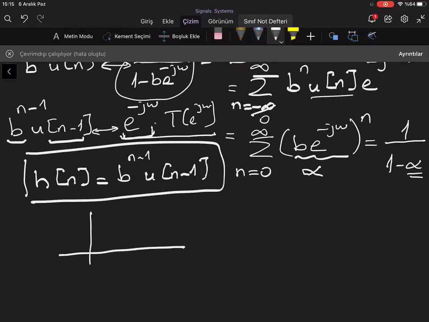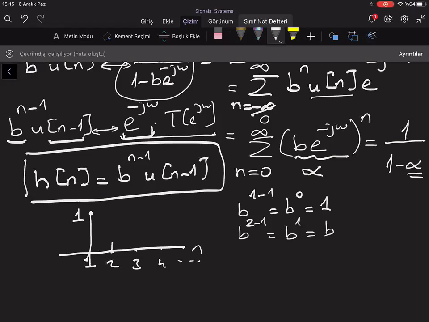Let me plot it starting from 1, then 2, 3, 4, and so on. This is my n. For 1, it is b to the power 0, which is 1. For 2, b^{2-1} is equal to b^1, which is b, and then b squared, b cubed, and so on. b should be, actually, less than 1 here.